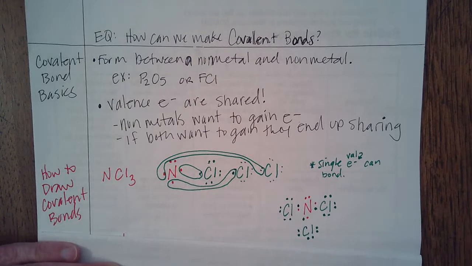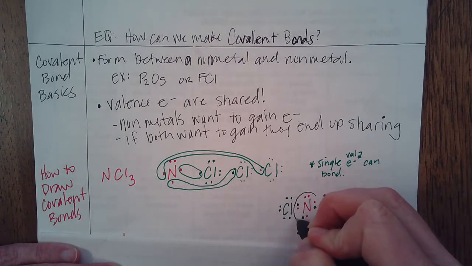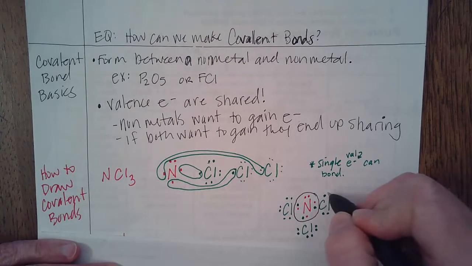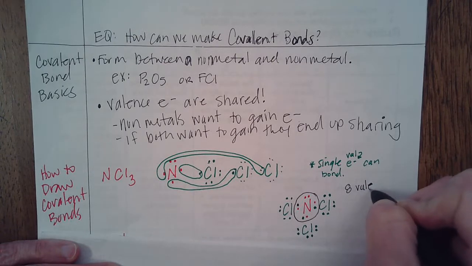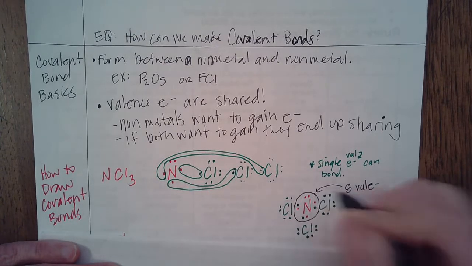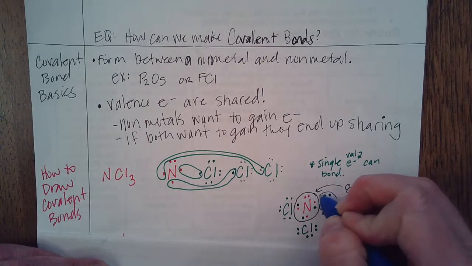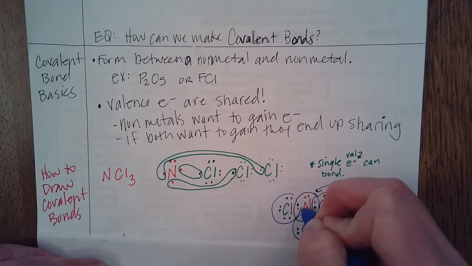And if we look, nitrogen, if we draw a circle around nitrogen, he has 8 valence electrons. He's happy. Okay, well, guess what? Each of these chlorines, they also have 8 valence electrons around them, right?